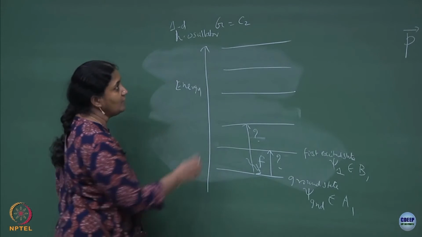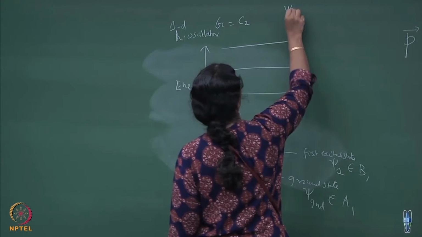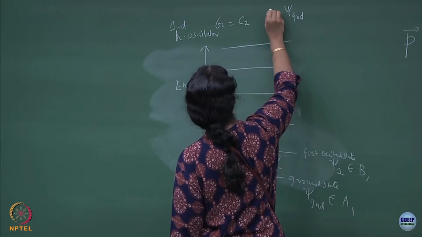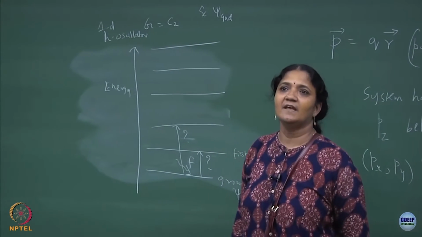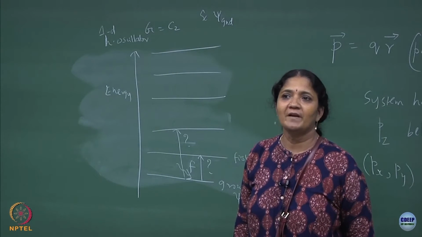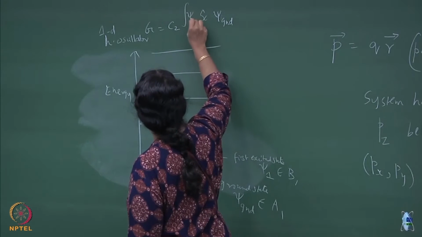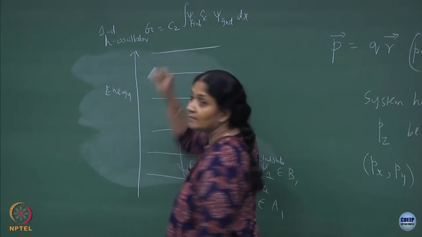For example, if I take the initial state to be the ground state and I put the operator as the x operator, let us look at only the x component of the electric dipole moment, which is non-zero, and look at psi final, the integral of psi final x psi ground dx.